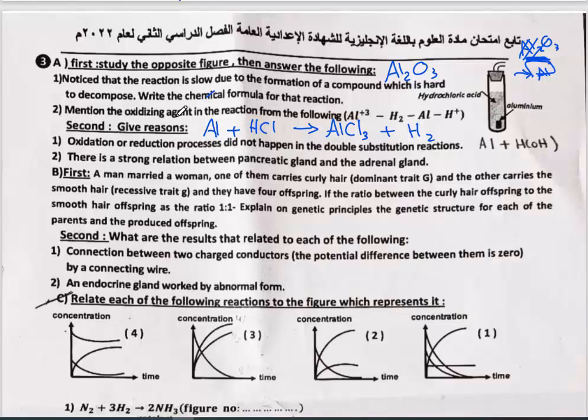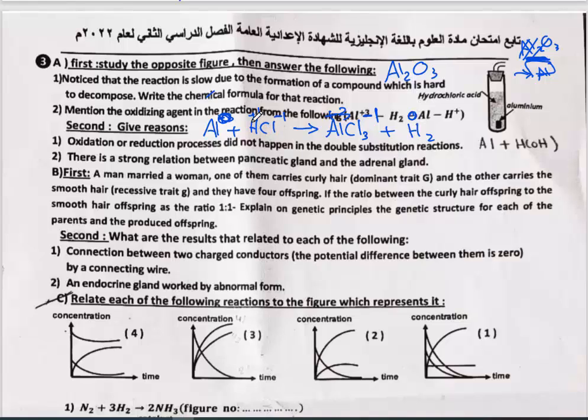So I'm going to look here. Aluminum here is 0 because this is an element alone. H here is positive 1, Cl here negative 1. When they make the reaction, I have here positive 3 for aluminum, negative 1 for chlorine, and 0 for hydrogen.